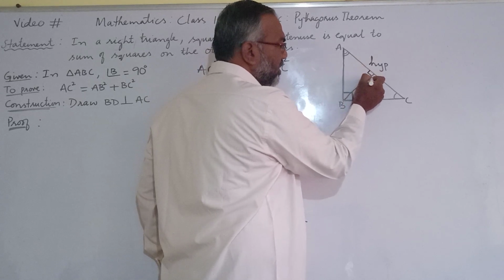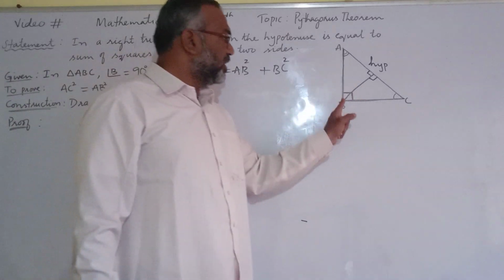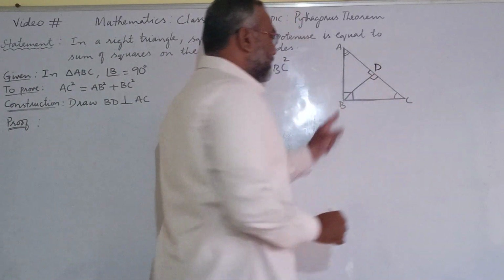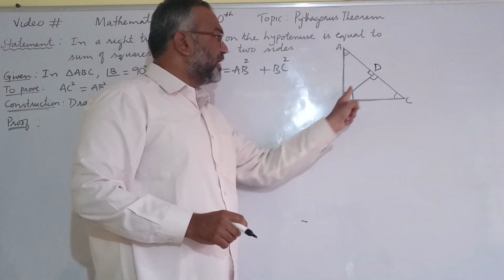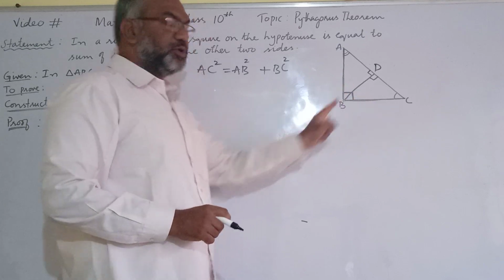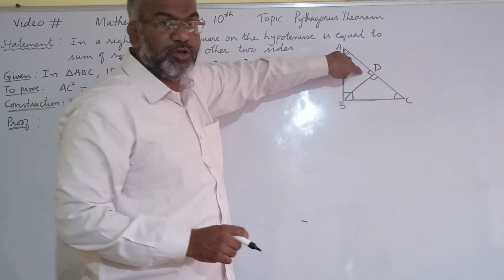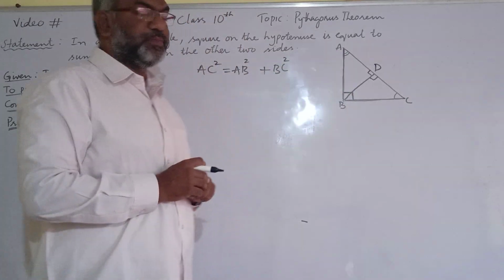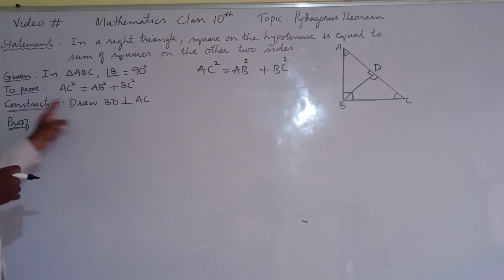So this will be 90 degrees and this will also be 90 degrees. We have drawn DB perpendicular to AC. In triangle ABC, angle B is 90 degrees. Right. Now, we have done the construction.